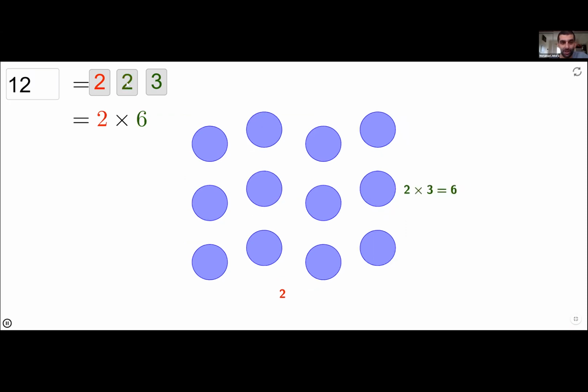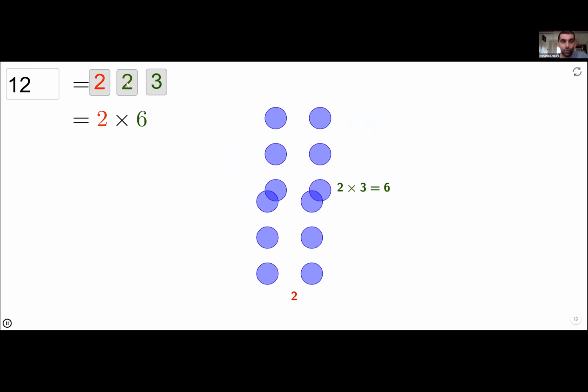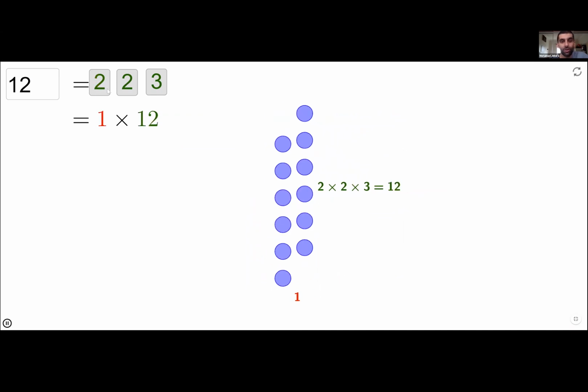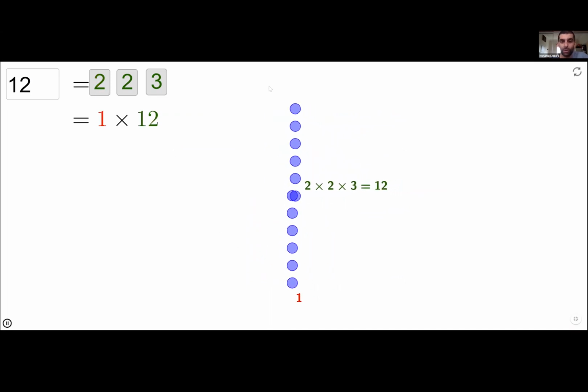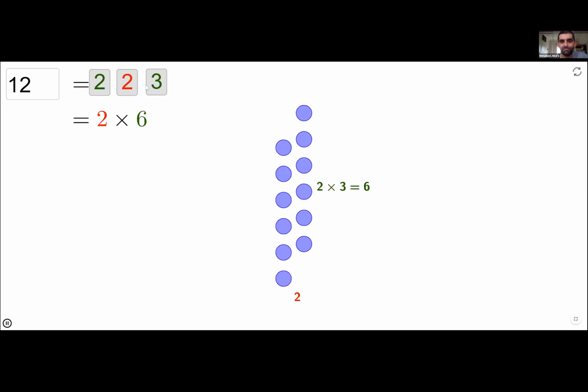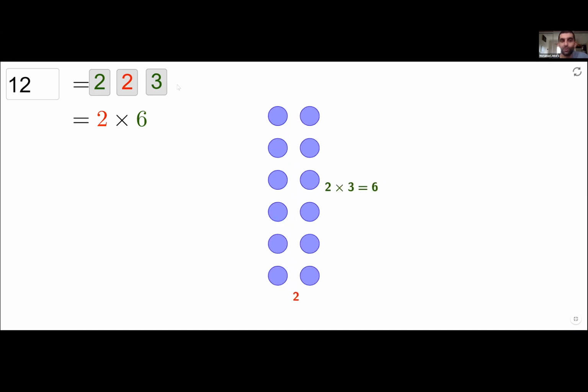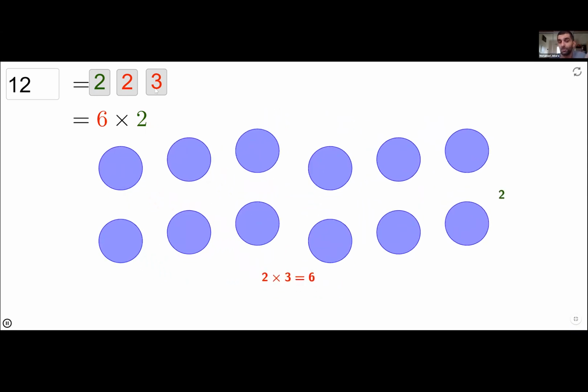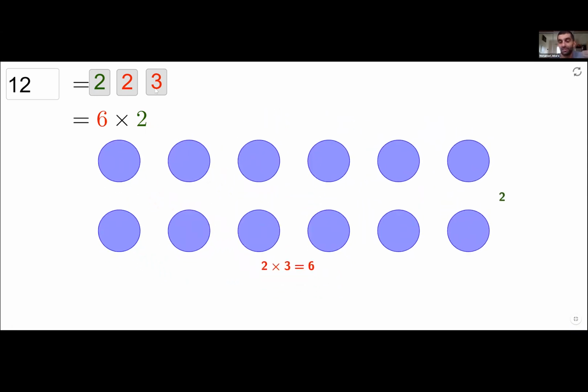So you could have a 2 by 6 rectangle, or you could have a 1 by 12 rectangle, okay? So there's a few different ways you can factorize. That's effectively what we're doing with these numbers. We are factorizing the numbers. We're finding the different factors, the 2 and the 6, that make up this number.